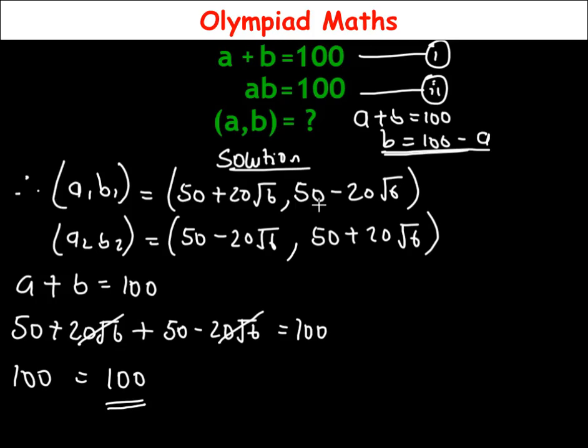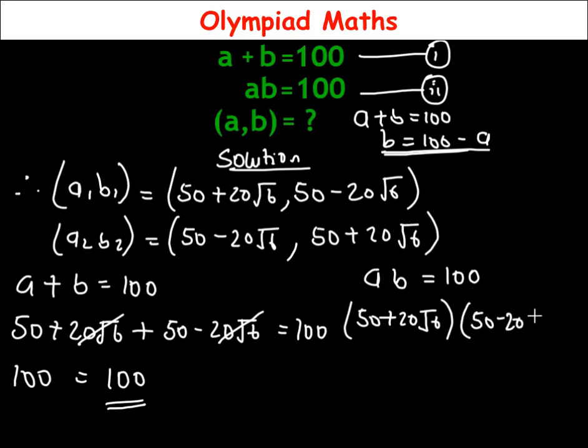Let's also confirm for the second equation, which is a times b is equal to 100. Now, the value of a is, in brackets, 50 plus 20 root 6, while the value of b is 50 minus 20 root 6. 50 times 50 is 2,500. 50 times minus 20 root 6 is minus 1,000 root 6.